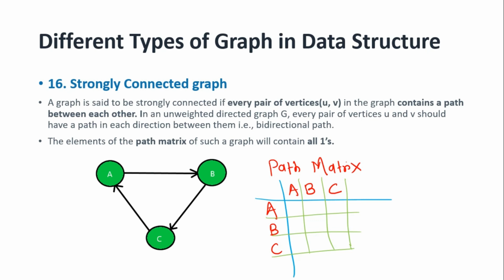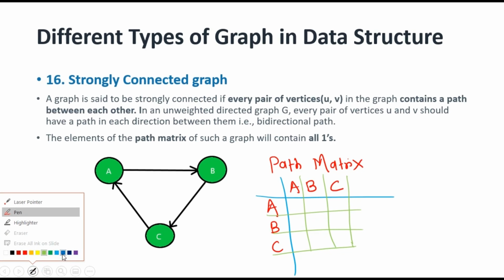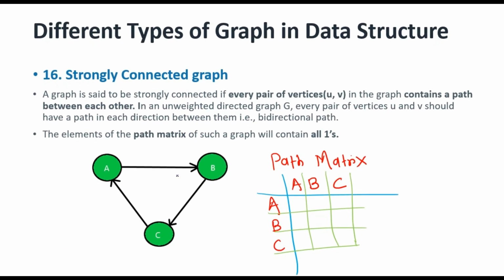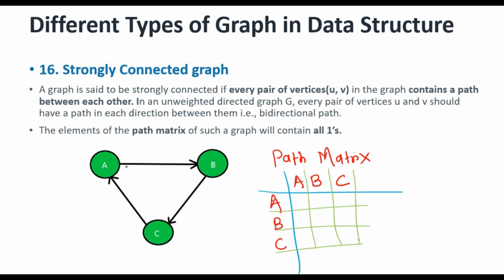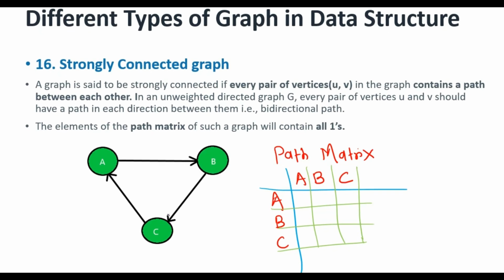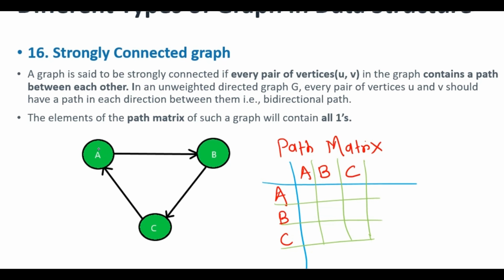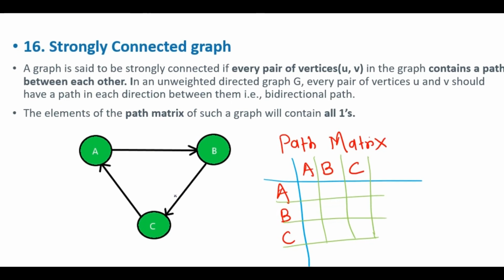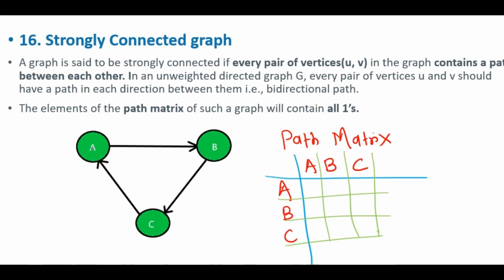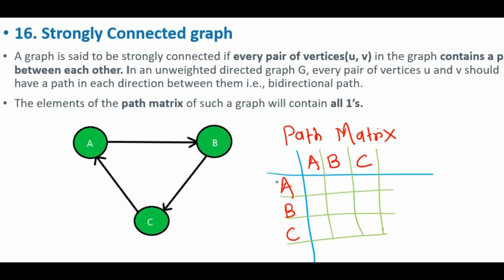The path matrix records whether you have a path between two vertices or not, and then that entry will be 1. If from each and every vertex you have a path to all other vertices, then that graph will be strongly connected. For example, from vertex A I can come back to vertex A, I have a path, so that matrix entry will be 1.